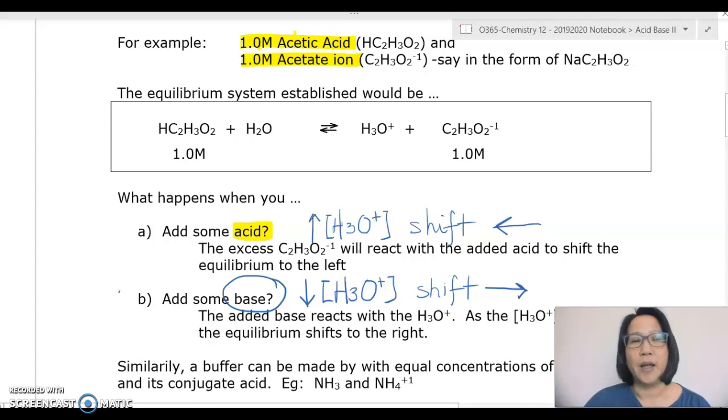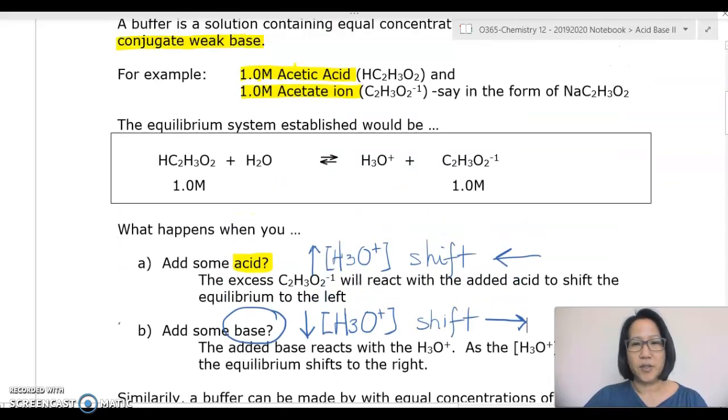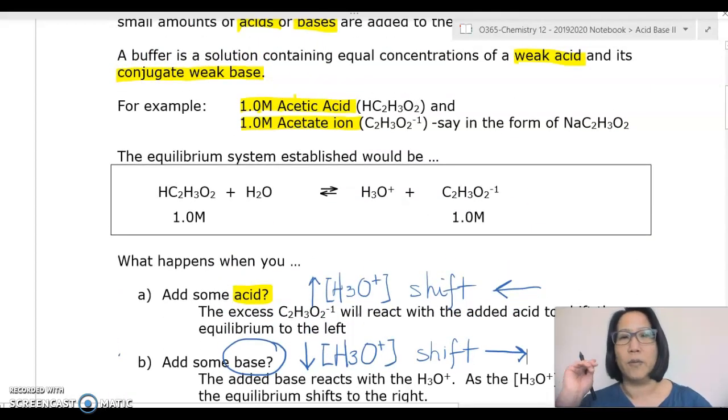So by adding a bit of base to our equilibrium system, pH will go up just ever so slightly, but still pretty close to the original pH. So let's just sit here for a moment and admire what this buffering equilibrium system allows us to do.